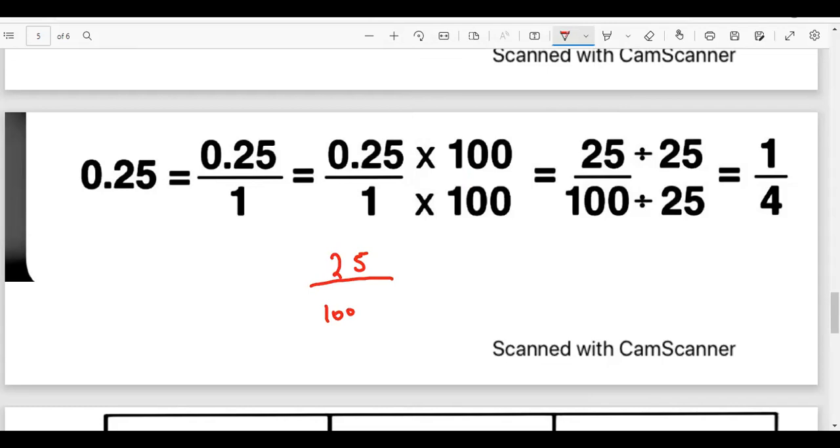When I multiply 0.25 with 100, the decimal would move 2 units to the right, and it would become 25 by 100. Okay, now I know 25 into 1 is 25 and 25 into 4 is 100. So it would be 1 by 4.